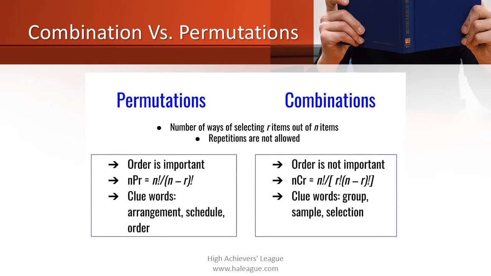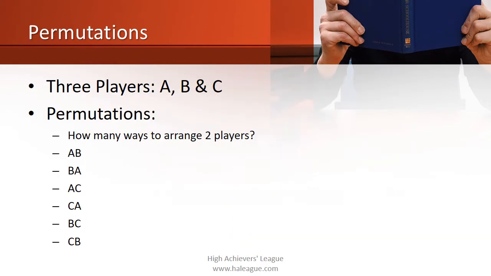The formula is NCR equals n factorial divided by r factorial into n minus r factorial. Some of the clue words that can help us understand that the problem at hand is that of combination are group, sample, and selection.